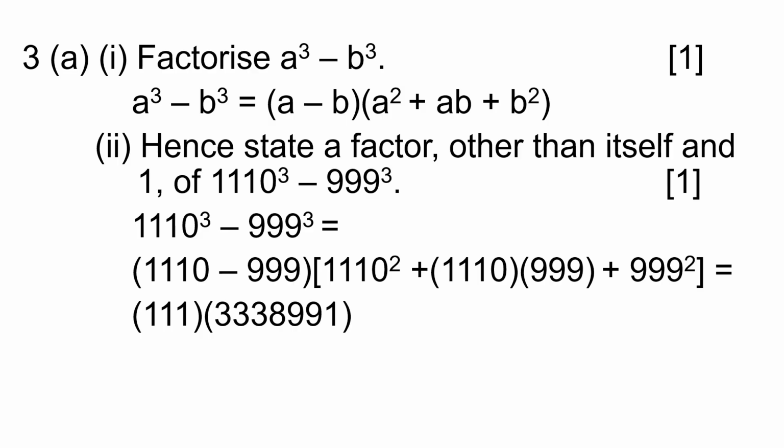So first bracket, 1110 minus 999 gives 111. In the second bracket, 1110 squared plus 1110 times 999 plus 999 squared, you get 3,338,991.